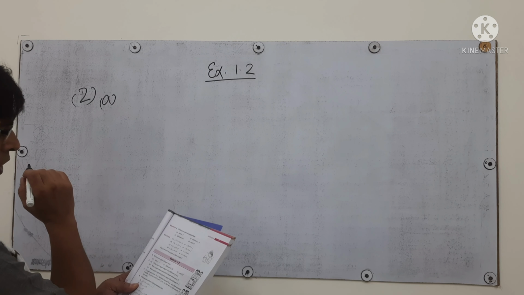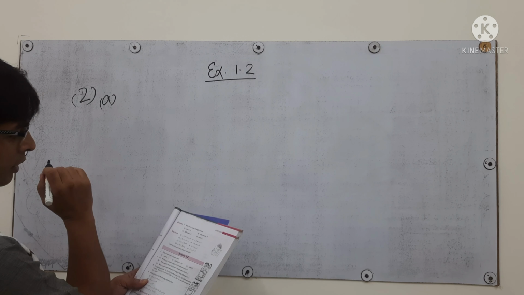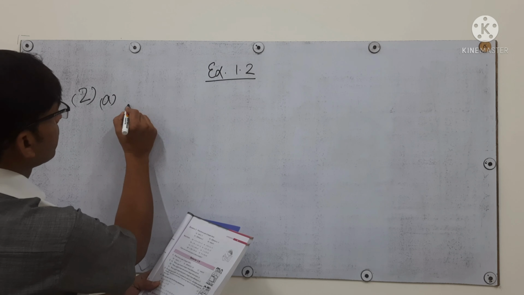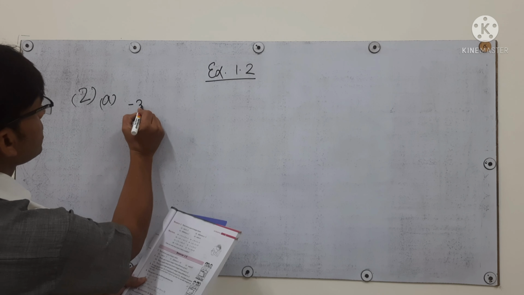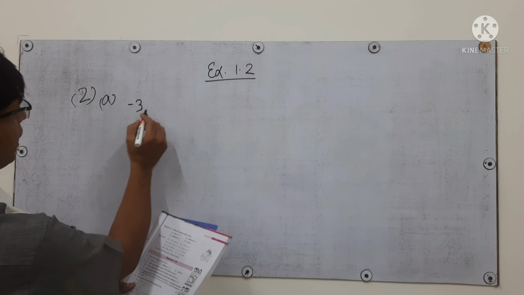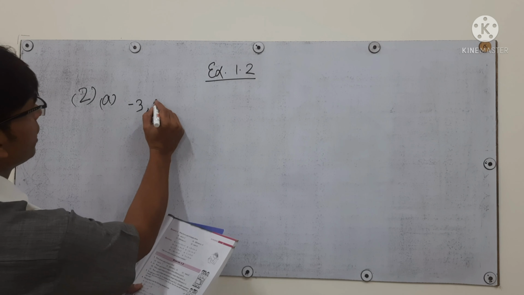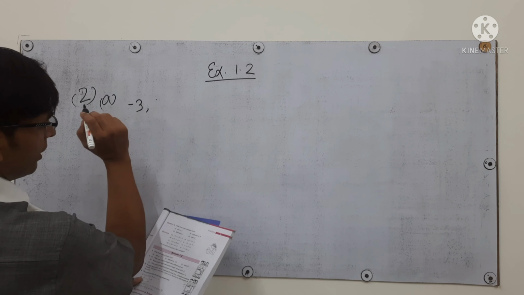Let the two numbers be -3 and, what should the other be?